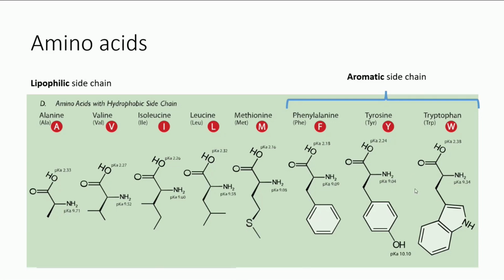The special case are amino acids containing the aromatic side chain, for example, phenylalanine, and others are tyrosine and tryptophan, whose side chain contains a hydroxy or amino group. In case of tyrosine, the hydroxyl might be very slightly acidic.